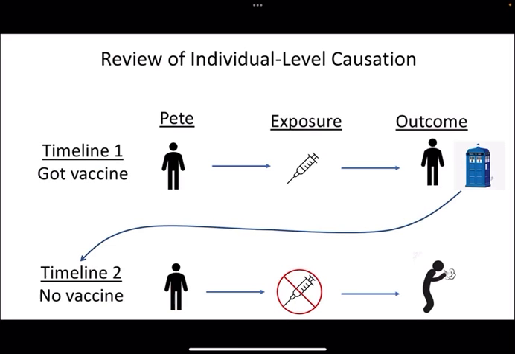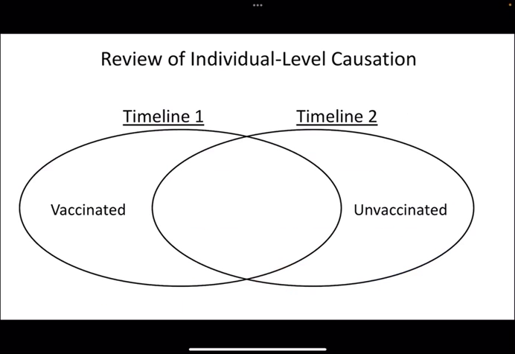If we were to go back in time and let that entire course of events play out, with the only change being that this person no longer got the vaccine, and we see that their outcome status is different between the two timelines, we can attribute any difference in the flu to the fact that there is a difference in vaccine status. And this would represent causation at the individual level.